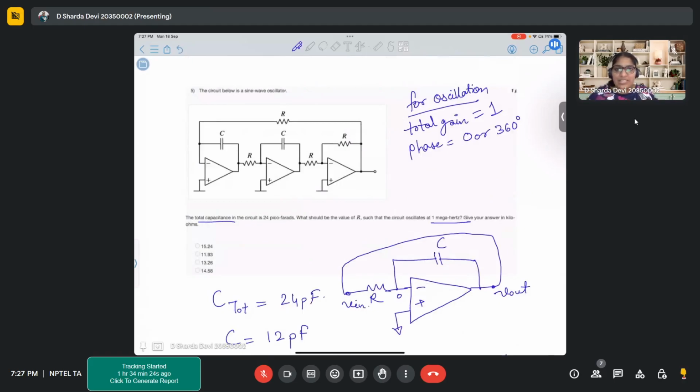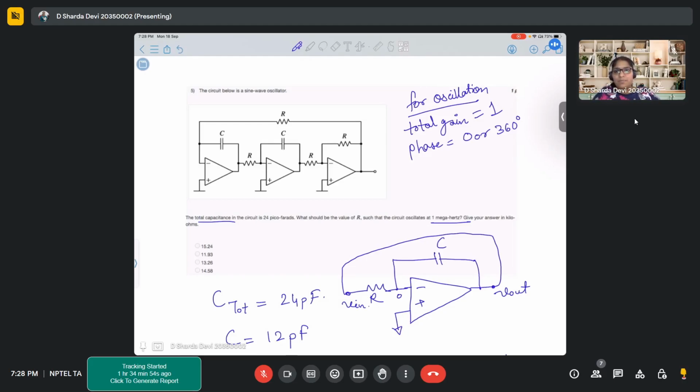Otherwise, if there is some other circuit, what is the best way to solve? You solve the transfer function for that circuit, that is Vout by Vn. Now you check the phase and you check its magnitude. The frequency for which your total gain becomes 1 and your phase becomes either 0 degrees or 360 degrees, that value of omega will be the resonant frequency.